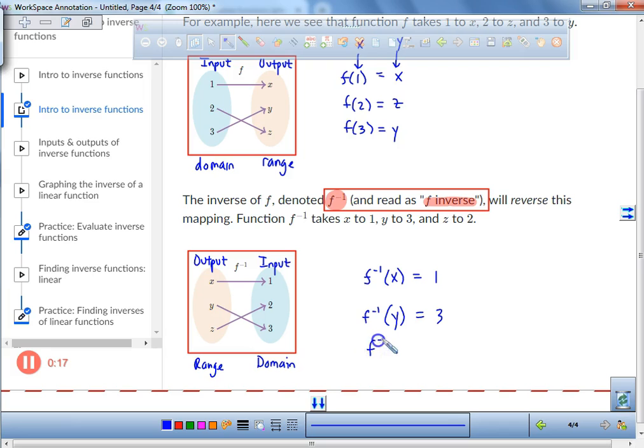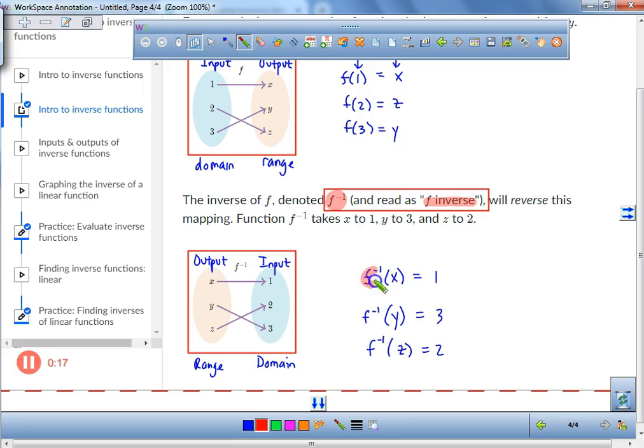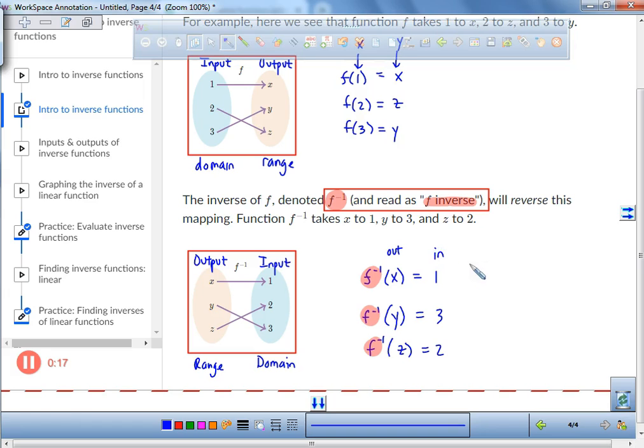And what is the f inverse of z equal to? We would say that's equal to 2. All right, so as long as you understand that this is referring to the inverse, you know which way to go. Now you're going from your output leading to your input, and it's as easy as that.